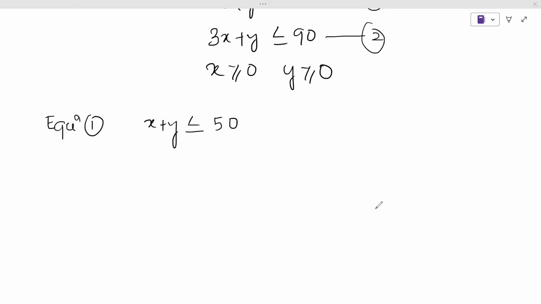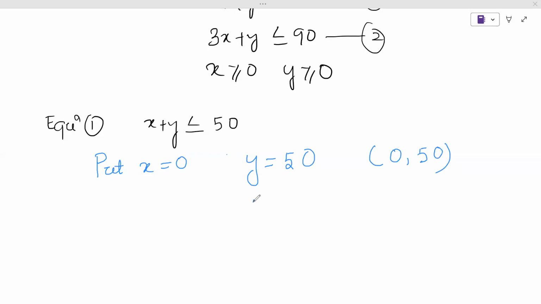So x plus y less than or equal to 50 is given here. Here put x equal to 0. What is the value of y? Now y is equal to 50. Then choose the vertex here, (0, 50).